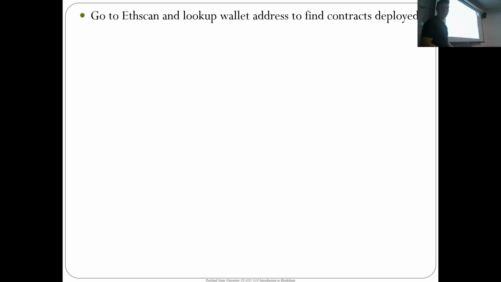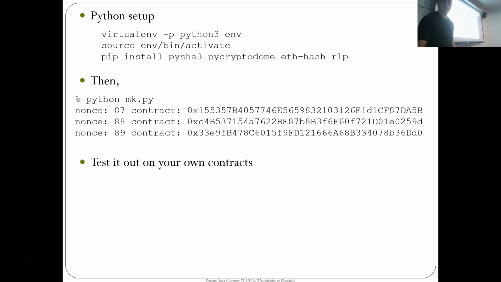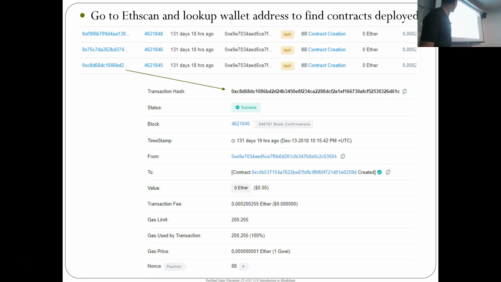Then I go into Etherscan and look up my wallet address. Back when my nonces were 87 through 89, about 131 days ago, these three contracts were created. If you click on one of these transaction hashes, this is contract creation, it gives me this hash.